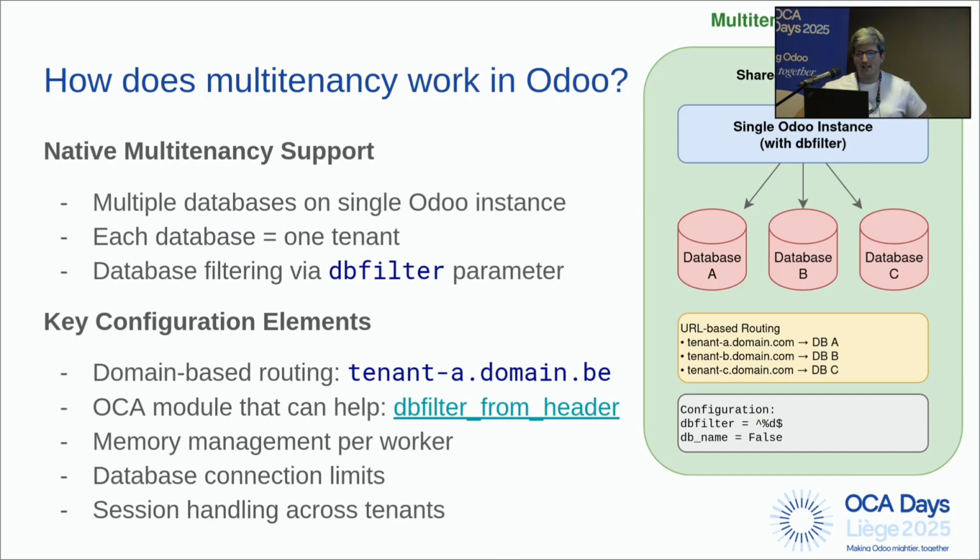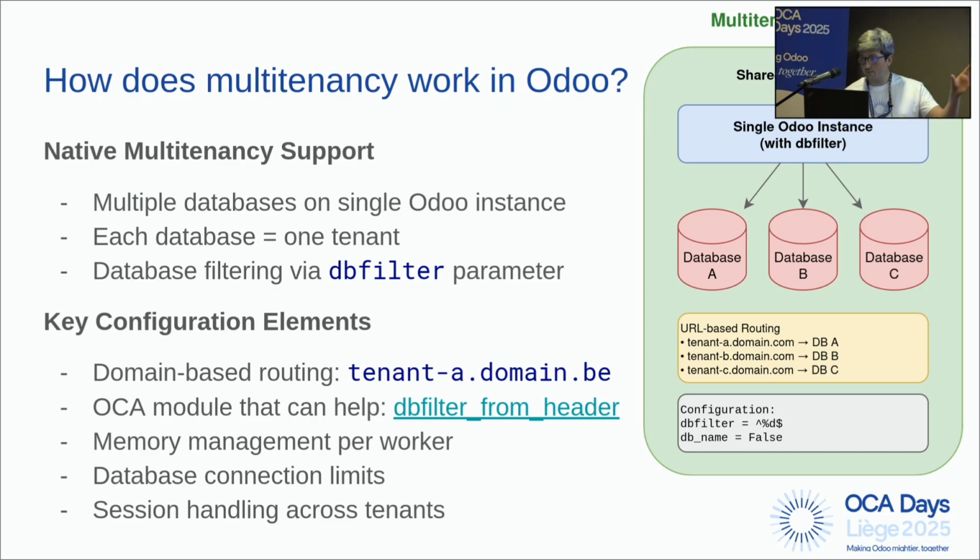Now, let's dive into the technical heart of how multi-tenancy works in Odoo. The good news is that Odoo has native multi-tenancy support through its database architecture. Each tenant gets their own database on the same Odoo instance. The magic happens with the DB filter parameter, which determines which database to use based on the incoming request.